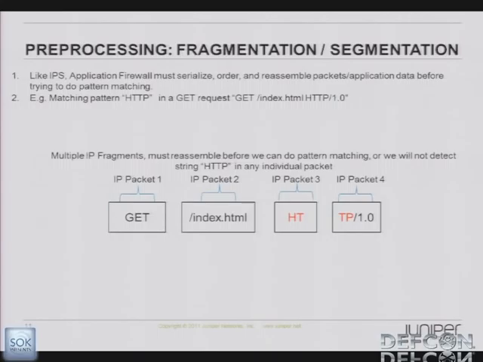The hosts on either side obviously will handle the fragmentation just fine, and they'll reassemble it, and you can potentially get the traffic through. So basically, you have to do all the same things that a host is going to do to ensure the fidelity of the traffic. Any kind of reassembly is going to be quite important.